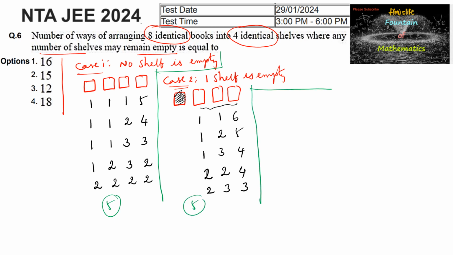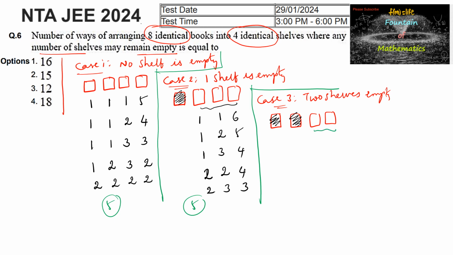Now let us consider case 3. Two shelves are empty. So let us block 2 shelves among the 4. Let's block the first one and second one. So we need to arrange the 8 books among the last 2.